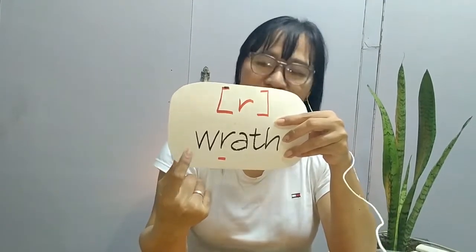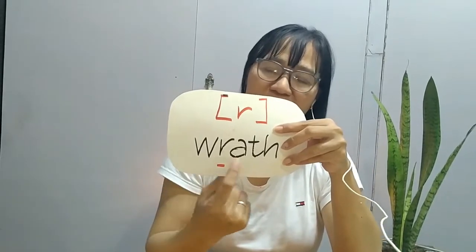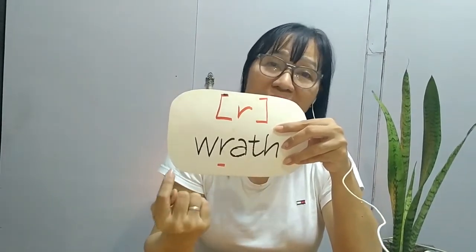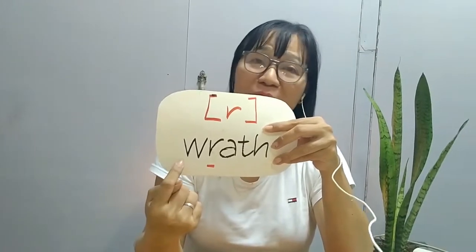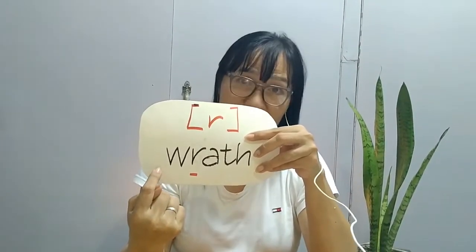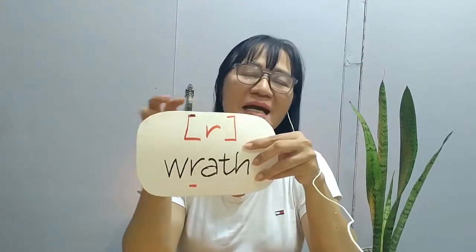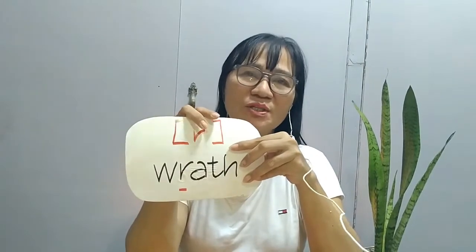In other words, since the W has no sound in this particular word, when you transcribe the word, you will not find the sound of the W in your transcription. Okay? Because the 5th characteristic says silent letters are not transcribed.